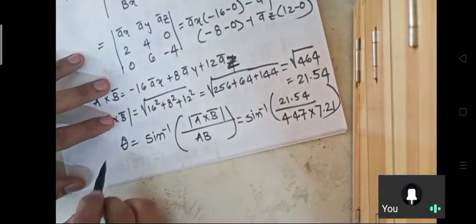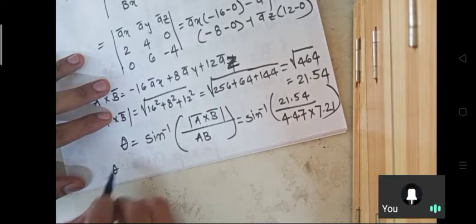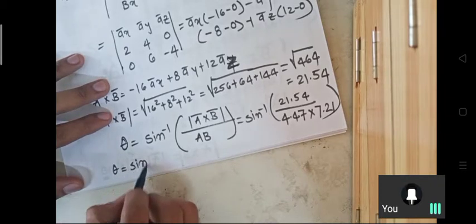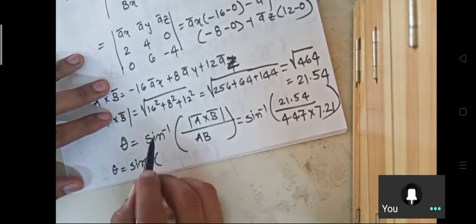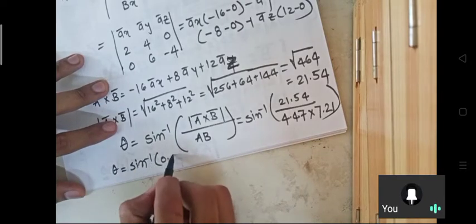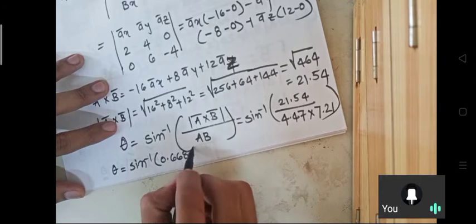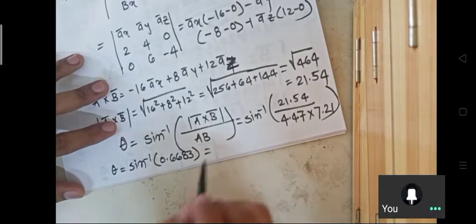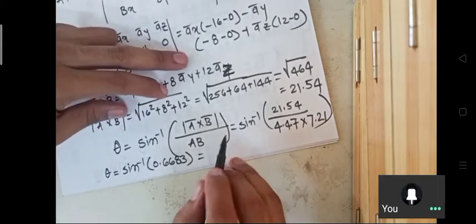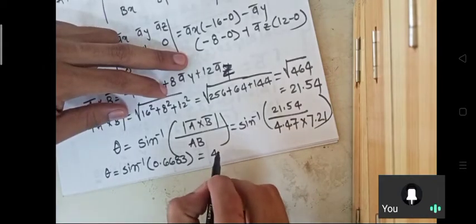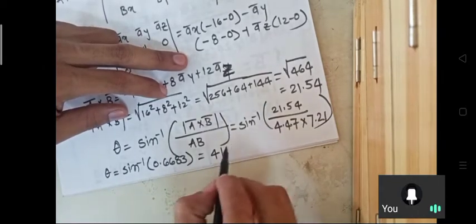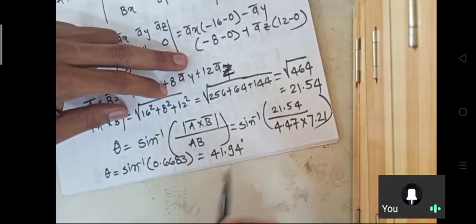So theta is equal to sine inverse of 0.8, absolutely correct, and it is equal to 41.94 degrees.